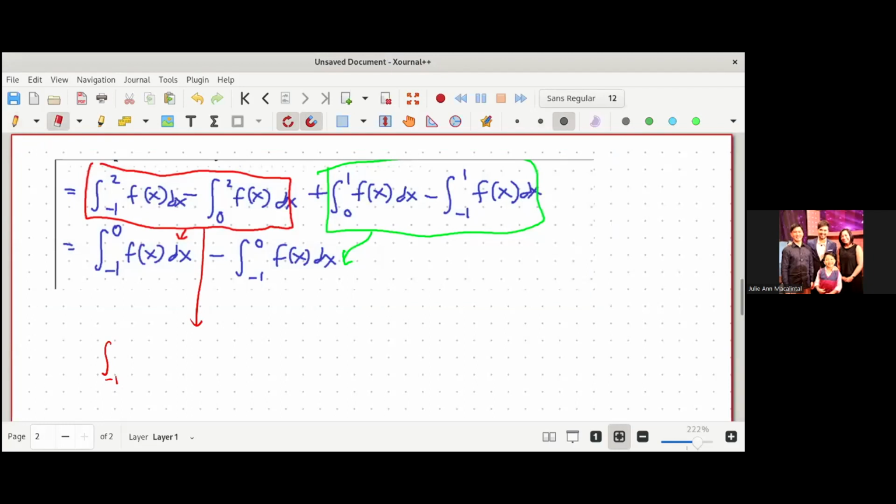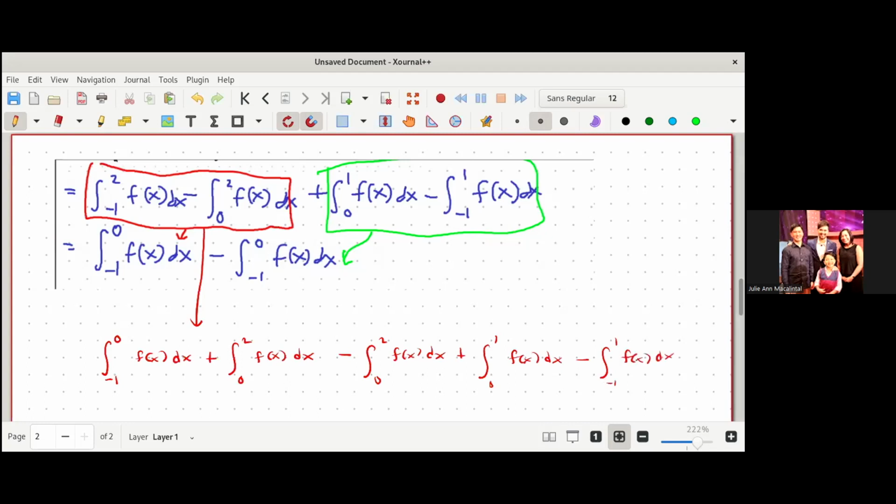Papakita ko muna na, using the theorem, this is negative 1 to 0 plus 0 to 2 minus 0 to 2 f of x dx plus 0 to 1 f of x dx minus negative 1 to 1 f of x dx.